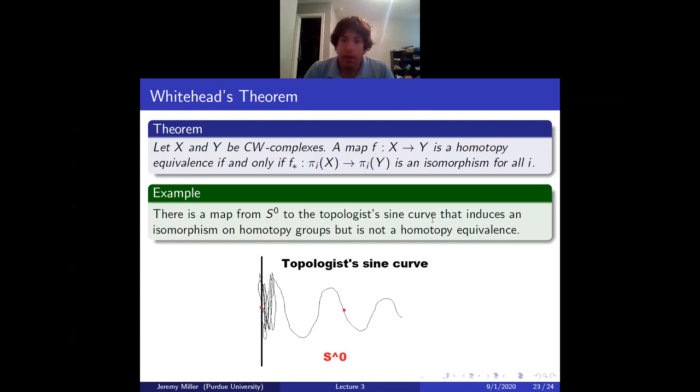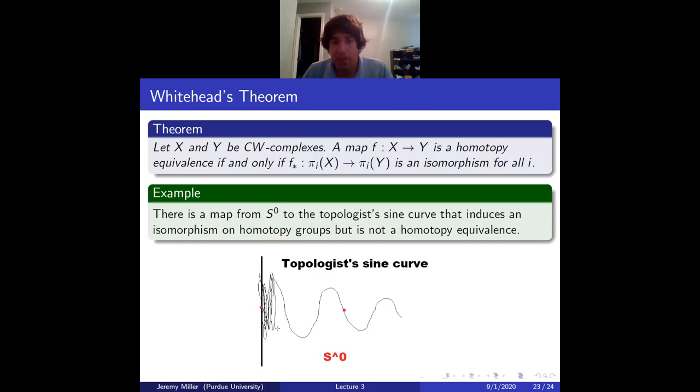If anyone remembers point set topology, there's a space called the topologist's sine curve, and this is by far the best picture I've drawn in this class. It's a space that is connected, but it has two path components: the y-axis and the squiggly part.